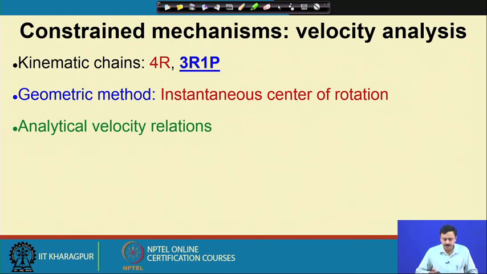Among the constrained mechanism examples, today we are going to look at the 3R1P chain of type 2. We are going to use the geometric method using the concept of instantaneous center of rotation, and we will finally derive the analytical velocity relations based on this geometric method.